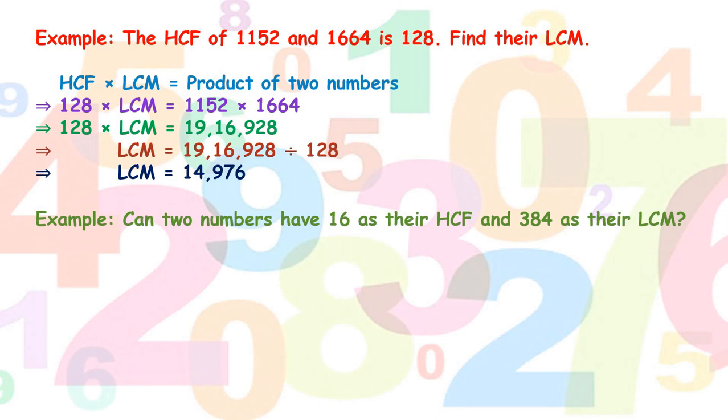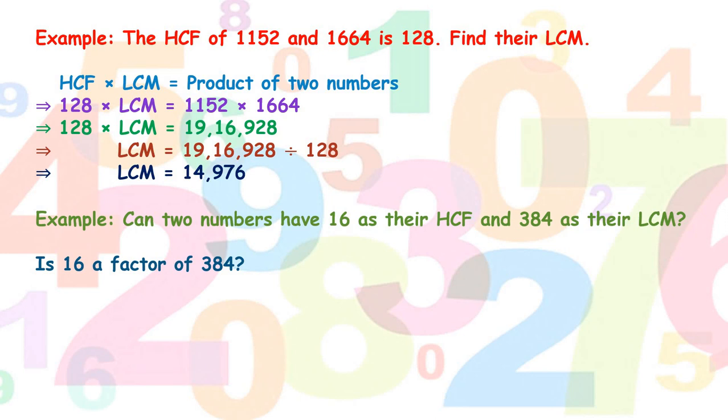Next example. Can two numbers have 16 as their HCF and 384 as their LCM? So students, we know that every HCF is a factor of the corresponding LCM. If two numbers have a particular number as their HCF and a particular number as their LCM, then the HCF is always a factor of the LCM. So is 16 a factor of 384?